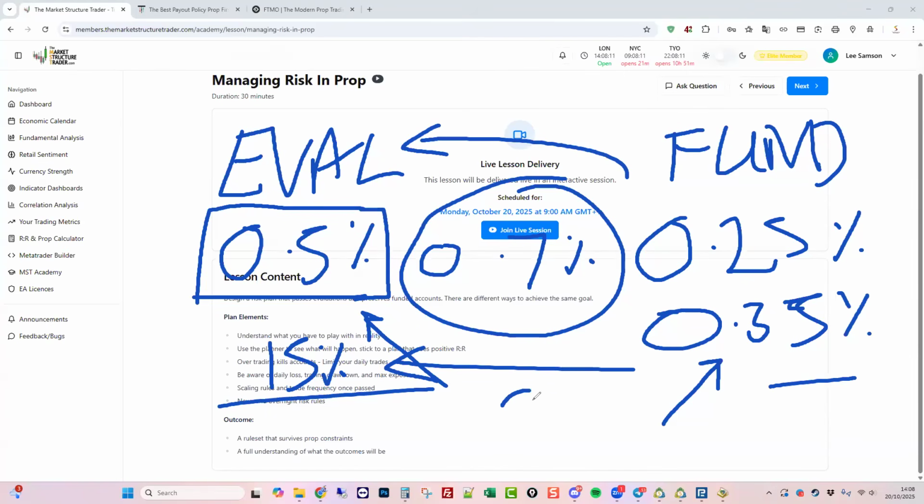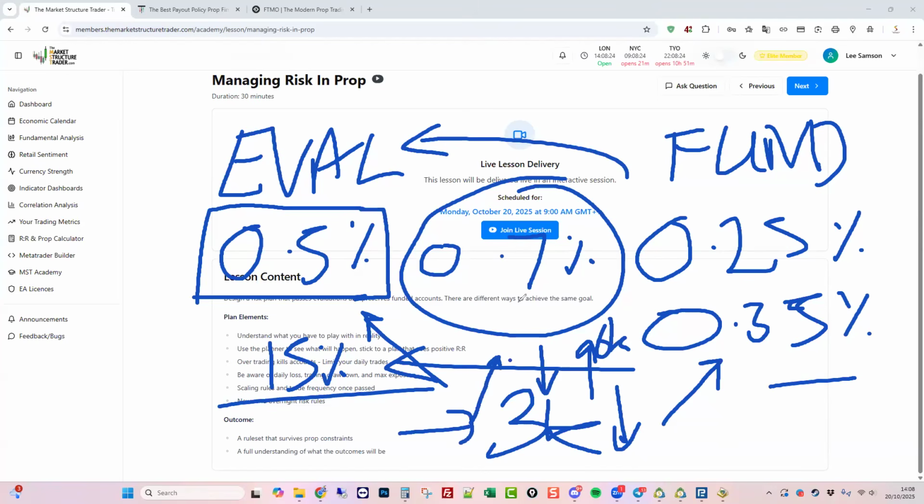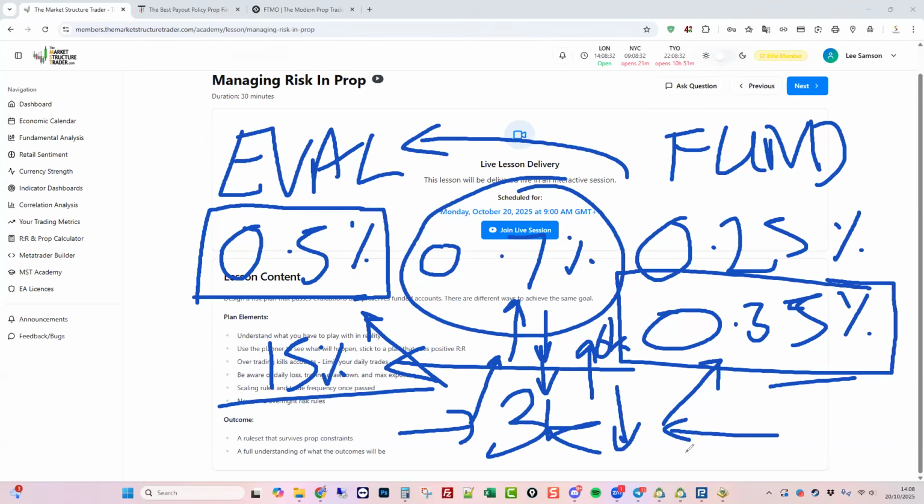So if they have a 3K maximum drawdown and a 6K target in evaluation, when you pass, they will want you to trade up to 3K, the maximum drawdown, and go beyond that before you can get paid. So we've still got to use high risk because we've got to get to this point. Otherwise, we don't get any money out of them.